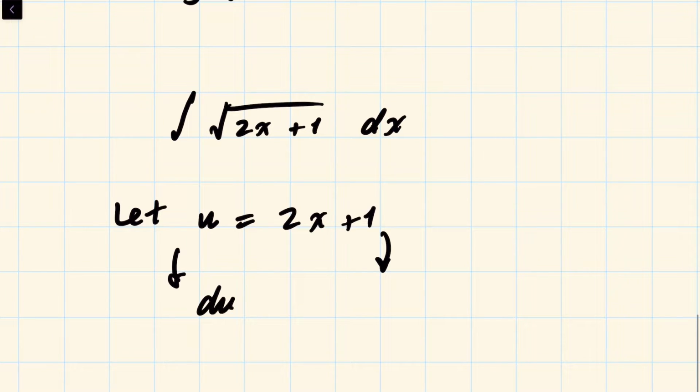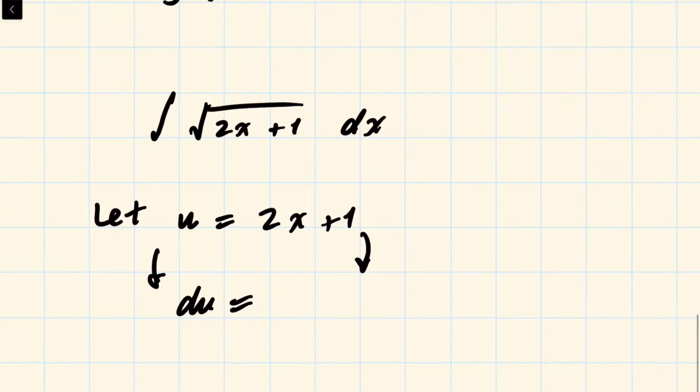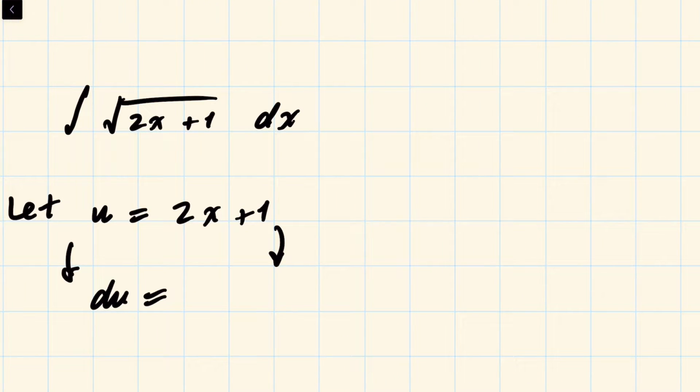So we're going to get du. So du, like the derivative of u in a way, is equal to 2, because that's the derivative of this, and dx, because we differentiated in terms of x on this side, and du on this side. That's just differential notation there.